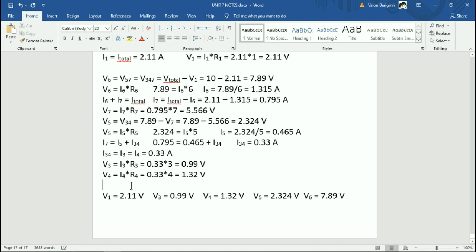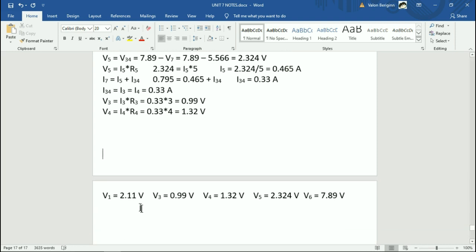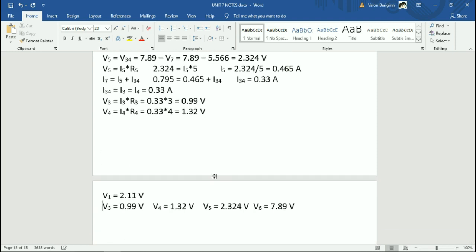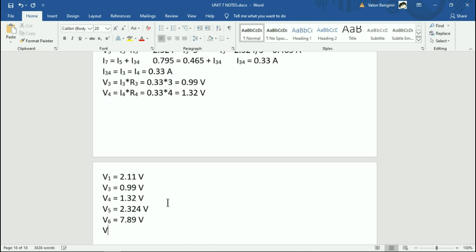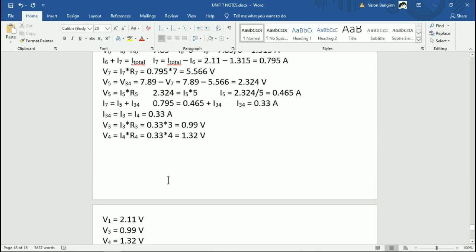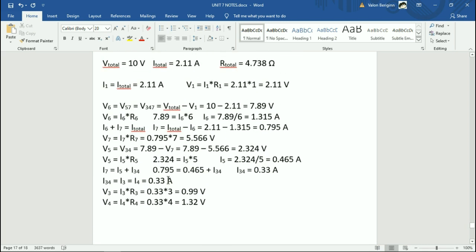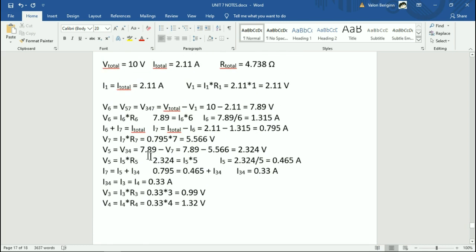Let me just move it on to the next page just to make things clear, okay? And V7 equals, where is V7?